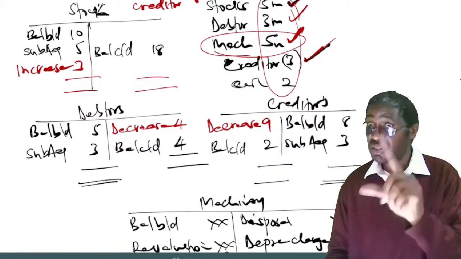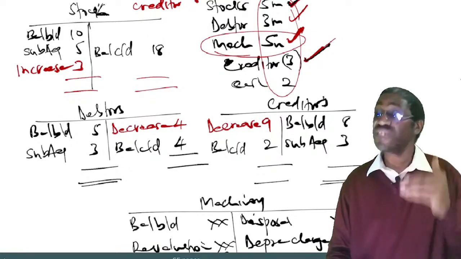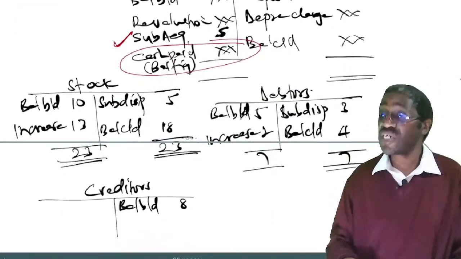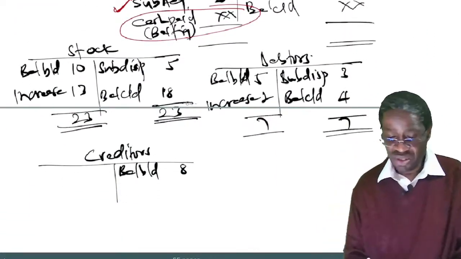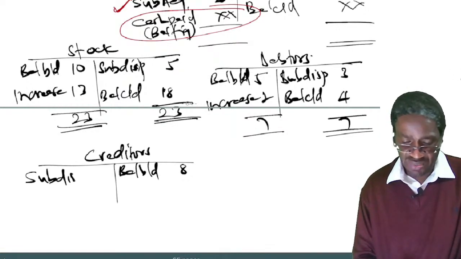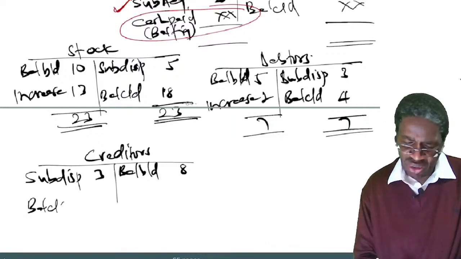It left the group, meaning that the creditors of the group went down. To reduce the creditors, you will go to the creditors account and now debit. So you will come and say here, subsidiary disposed. That is 3 million. Then you carry down the balance by the end of the year.